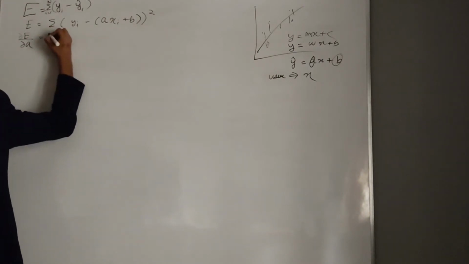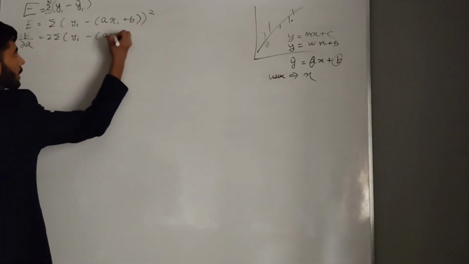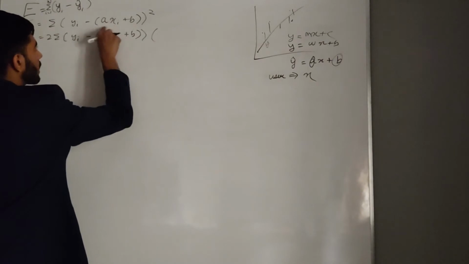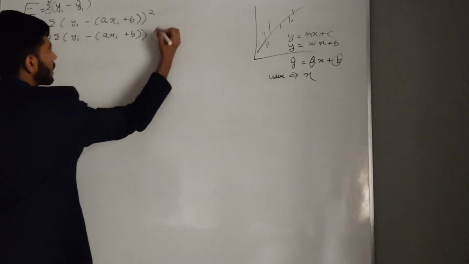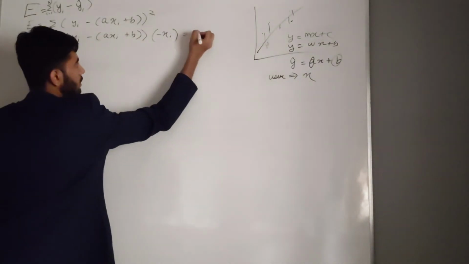So I'm going to get 2 summation of yi minus (axi plus b), and the differentiation of axi with respect to a is going to give me minus xi, with a minus because minus 1 was here, and I have to equate this equation to 0.